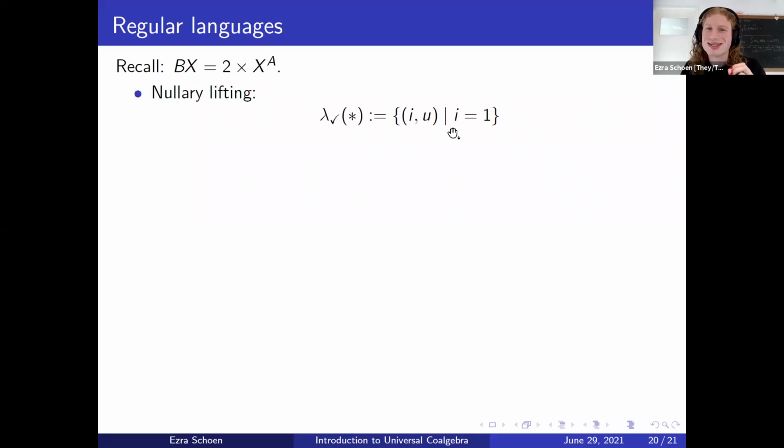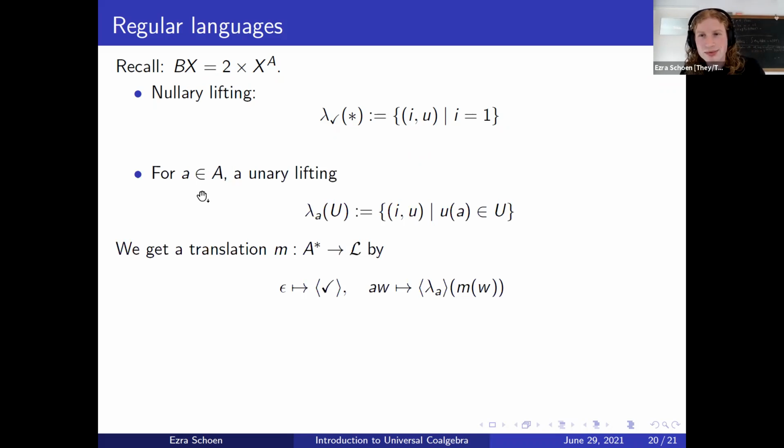We say an unfolding is accepting if in the first coordinate it says yes, accepting. And for any element A of our alphabet, we get a unary lifting: we lift a property U to those unfoldings where after we make the A transition, the property U holds.